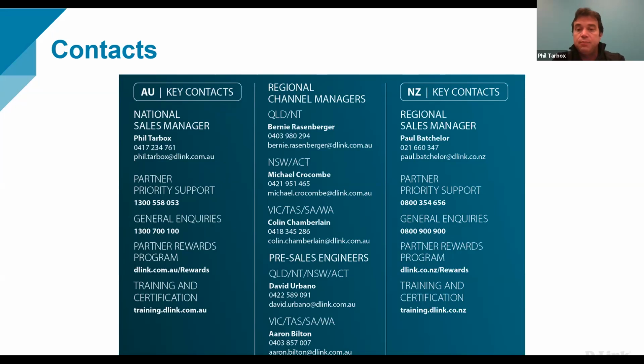In New Zealand, Paul Batchelor joined our team at the beginning of the year. It's great to have Paul on board. Paul looks after all of New Zealand, based out of Wellington. You can also see there are two telephone numbers for priority support for our partners. They go through directly to our level 2 and level 3 support teams based in our support office in Sydney, available Monday through Friday, 8 till 5 p.m. We also have a generic sales line and a generic support line, which is available 24/7.